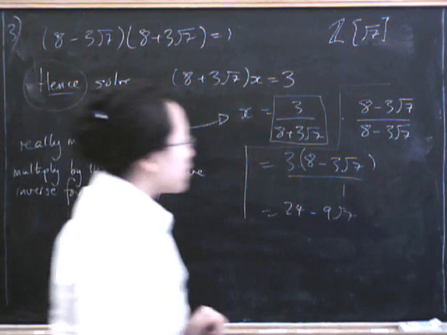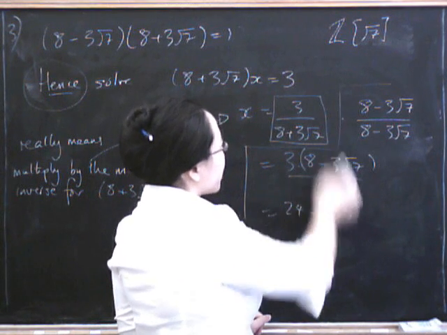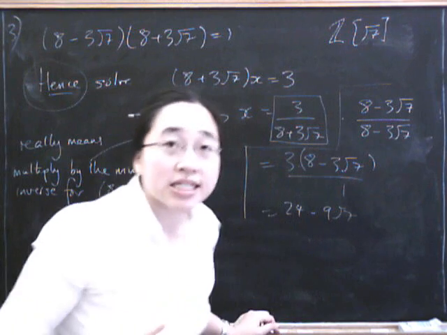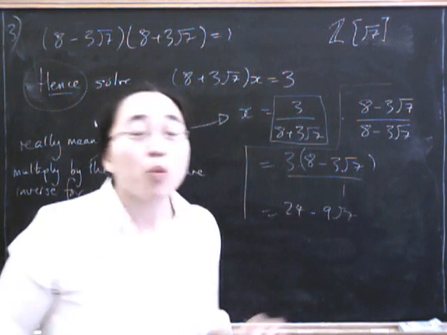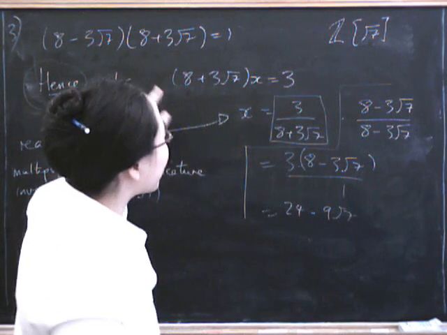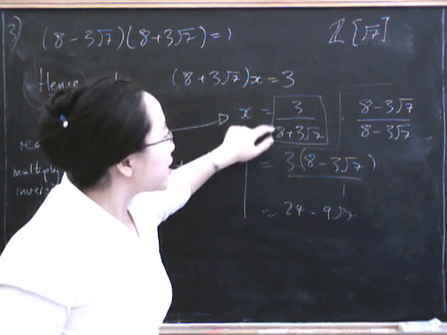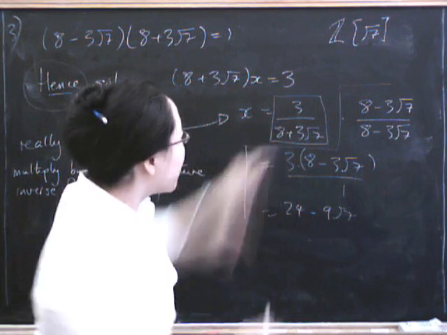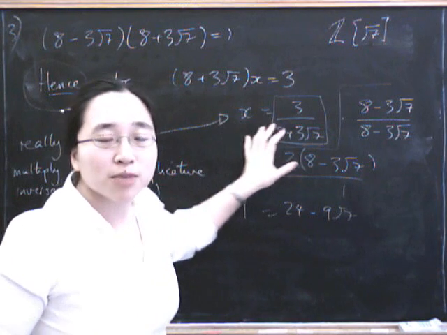Now, the thing is that, yes, if you did it this way, when you multiplied these bottom bits together, you are using the first bit. But what you've missed is the fact that when you wrote this part down here, you had already used the first part of this question, because you have absolutely no right to write down this division unless you know that this part is a unit. Because what you're saying is multiply by its multiplicative inverse.